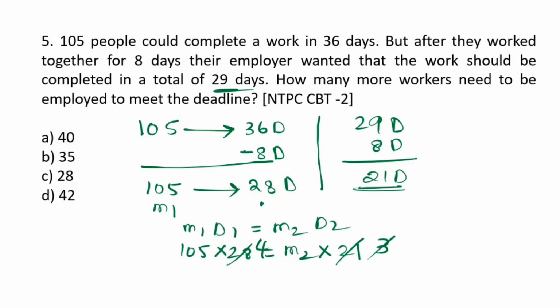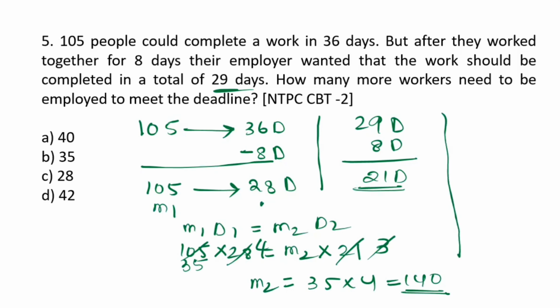Okay, 7 into 3 is 21, 7 into 4 is 28. And this is 3 into 3, 3 3s are 9, and 3 5s are 15, 35. So 35 into 4 is how much? 35 into 4 is 140. Okay, so total men required is 140. But he is asking how many more men are there.